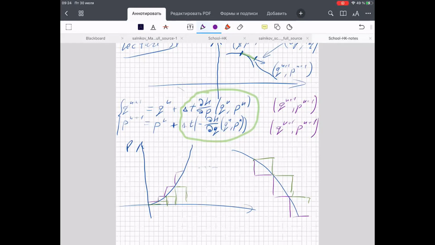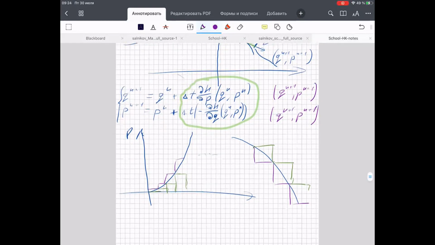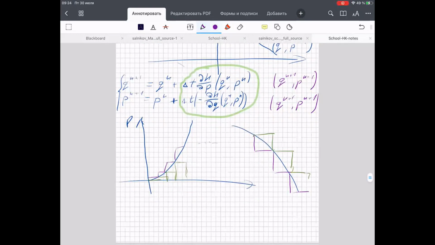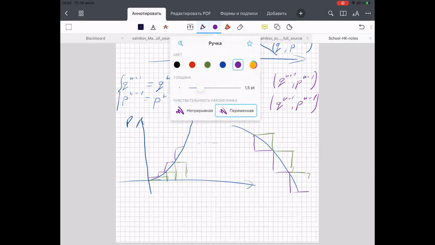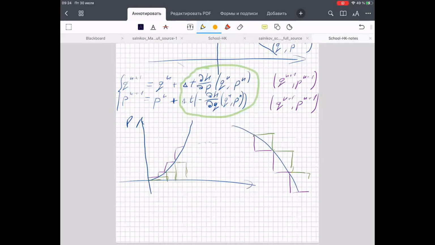But then a pretty natural idea comes into the game. Why don't we mix them? So for one of them, I will take the endpoint, and for the other one, I will take the beginning point. So let me choose another color. I think the easiest option would be to say I'm computing everything at Qn and Pn plus 1.